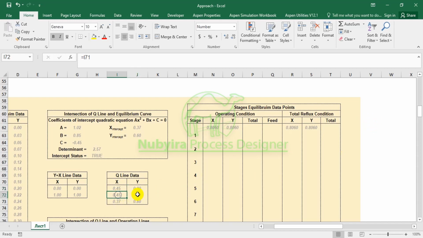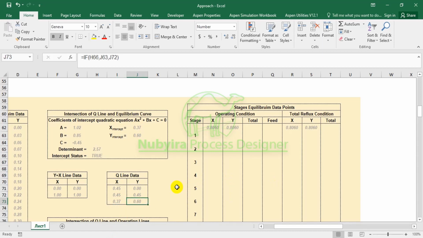Then the points where x is equal to y, that is the 45-degree line, just like plotting values. Then the last point is gotten from this point.